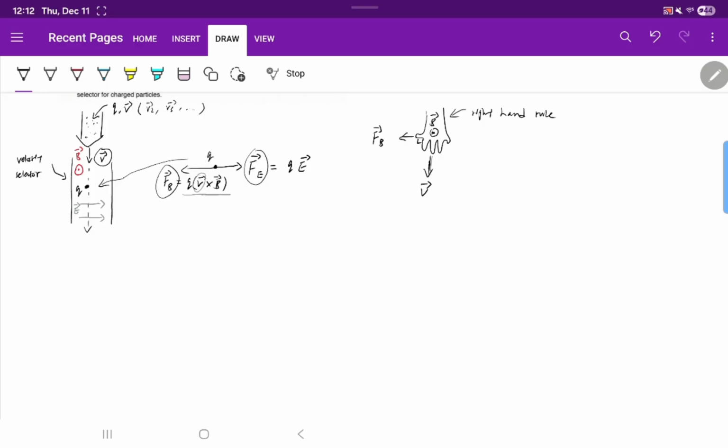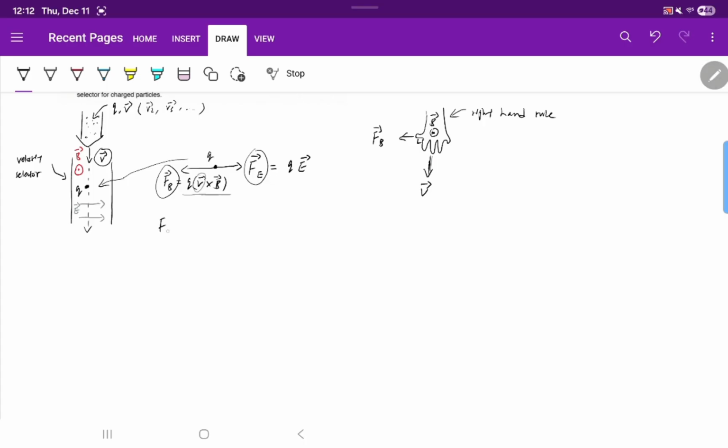For the charged particle to move out of the selector without deflection, the net force must be equal to 0. The net force in this case is the electromagnetic force.